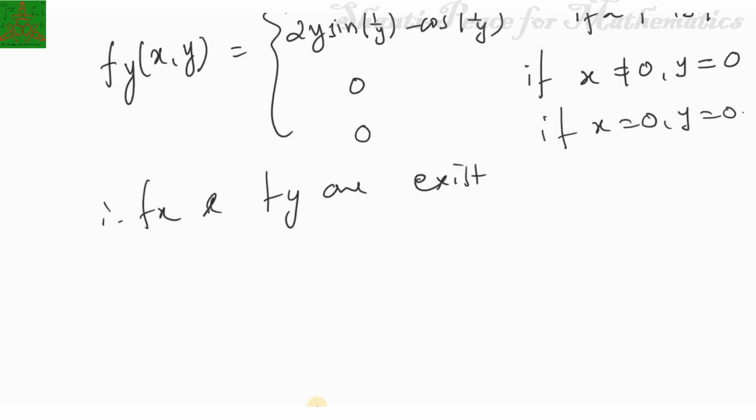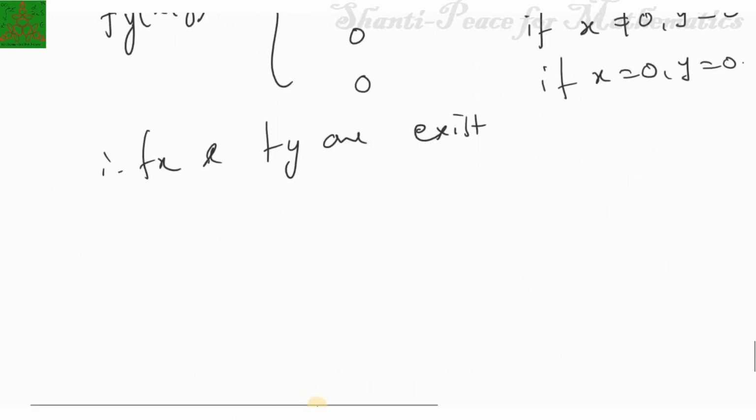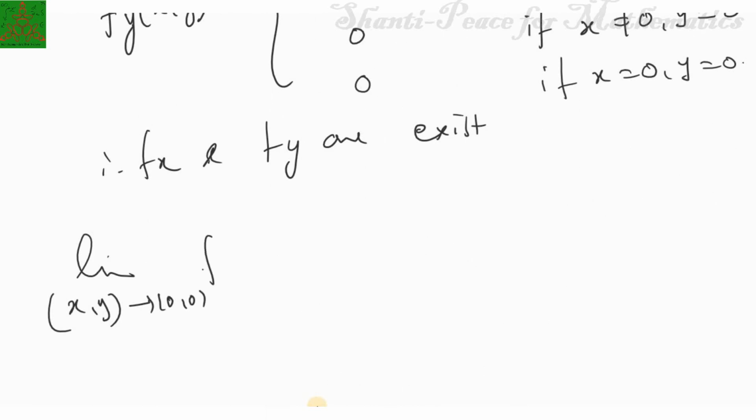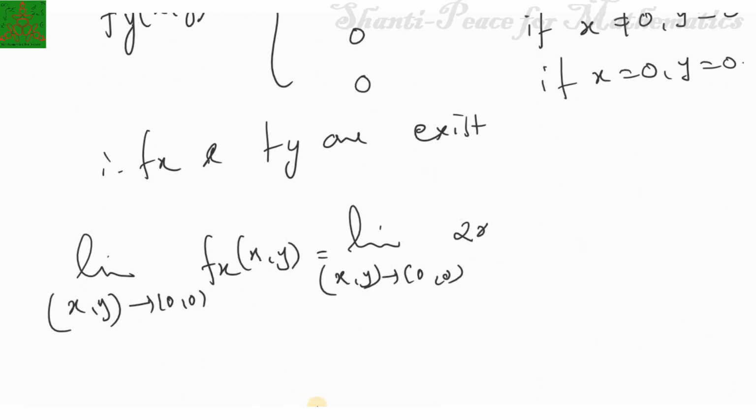Now, according to our example, we have to prove that fx and fy are not continuous at (0,0). So to do this, let us see what the limit is. The limit as (x,y) tends to (0,0) of fx at (x,y) is, as you know, 2 times x sine 1 upon x minus cos 1 upon x.